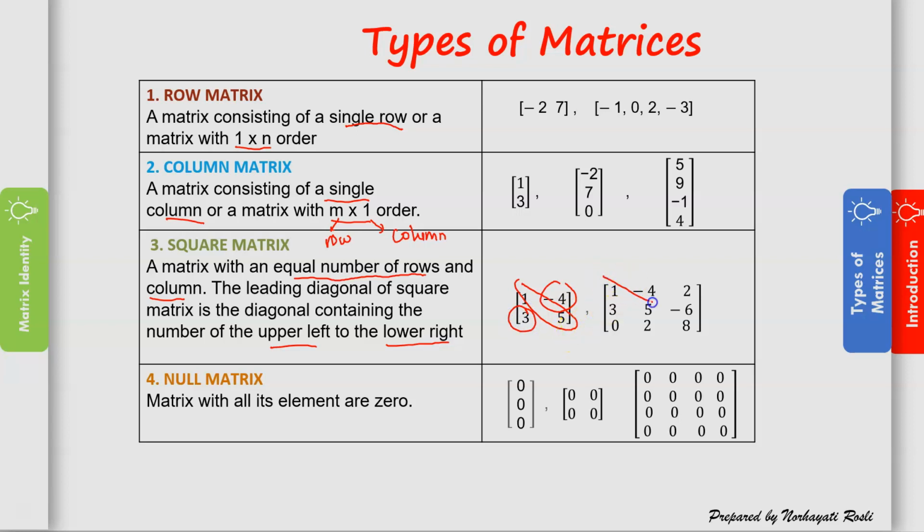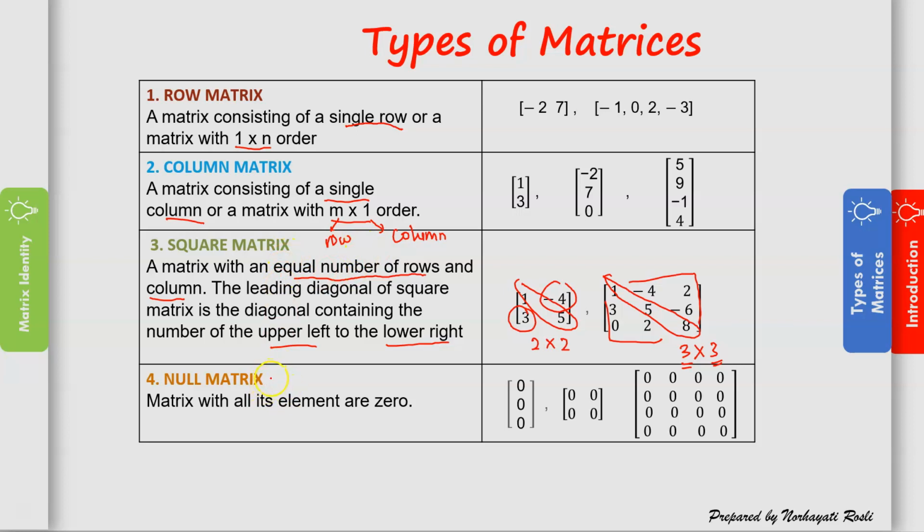Same with this one: this one is the leading diagonal, here is the upper left, and this 302 is the lower right. Here it is mentioned that the number of rows and columns should be equal. It means that here we have 2 rows times 2 columns, and this one 3 rows times 3 columns. When the number of rows equals the number of columns, we call it a square matrix.